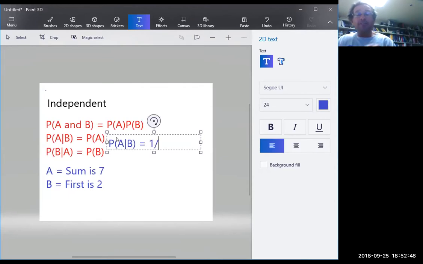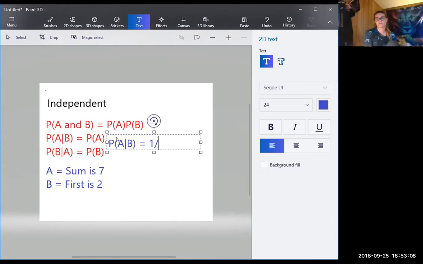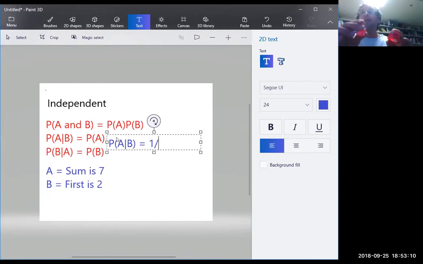If I tell you the first is a 2, how many different ways are there for outcomes to occur if all I told you is the first is a 2? What do you think? How many different outcomes are there for the sum if I told you the first is a 2?